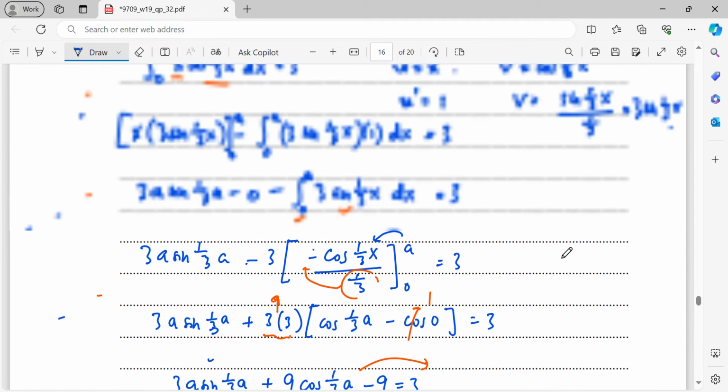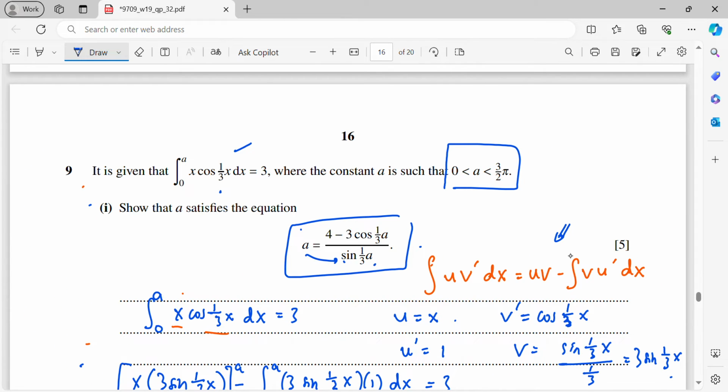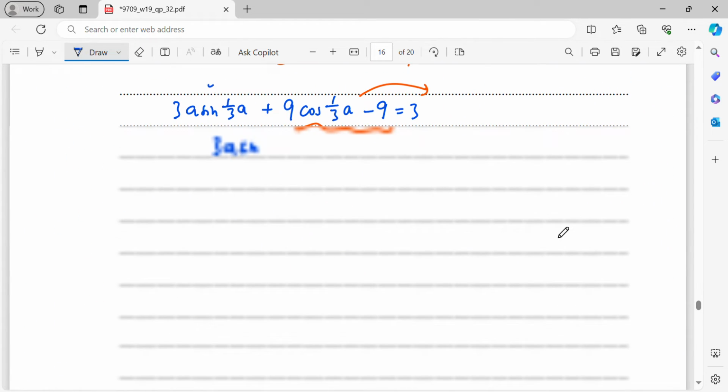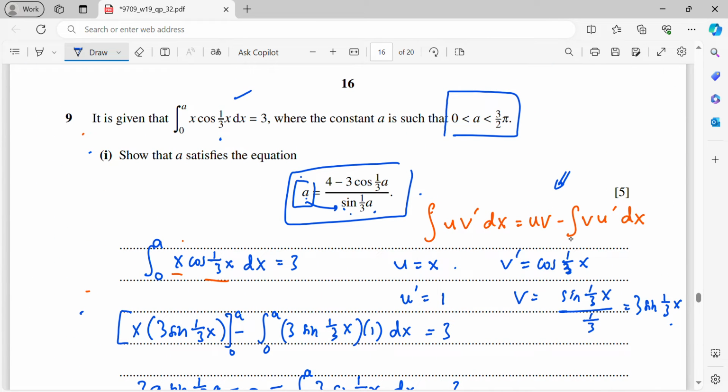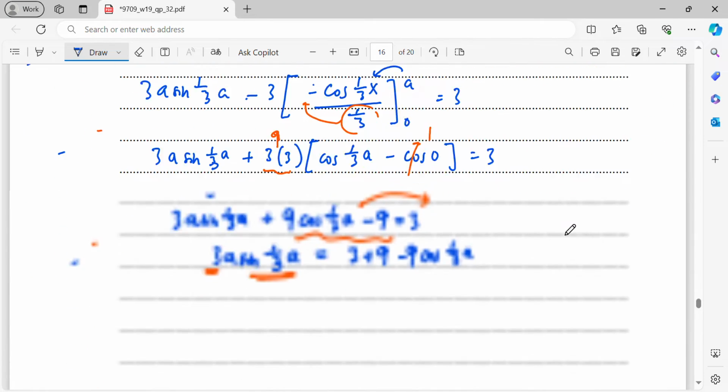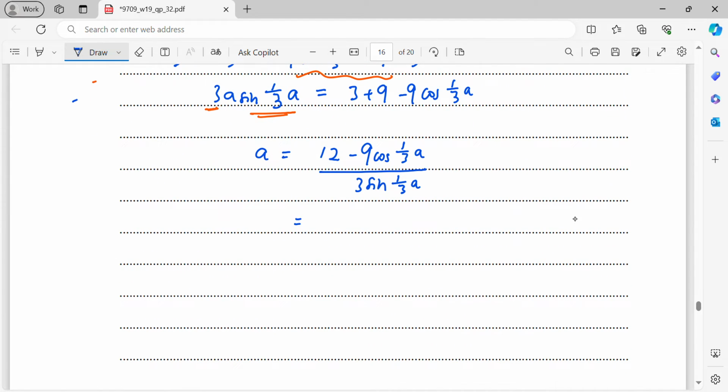Now, to get the a, okay, look at here. To get the a, I should get a sine 1 over 3a first. So it means that now I need to get a. So what to do is I will move down 3 and the sine. Okay, so that means I will get a equals to 9 plus 3 is 12, then copy the rest and then over 3 sine 1 over 3a. And then now look at the answer. You take out the 3 from the numerator.